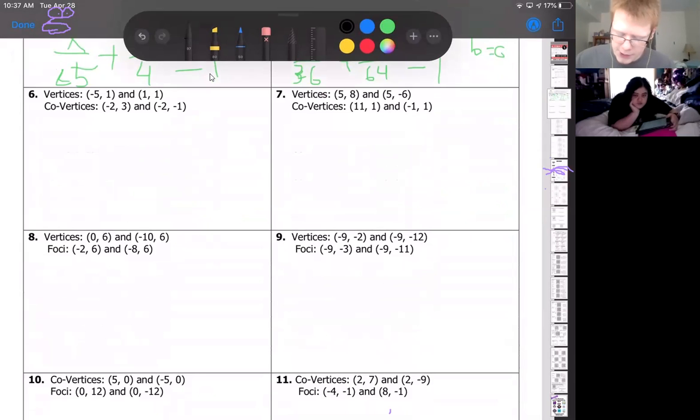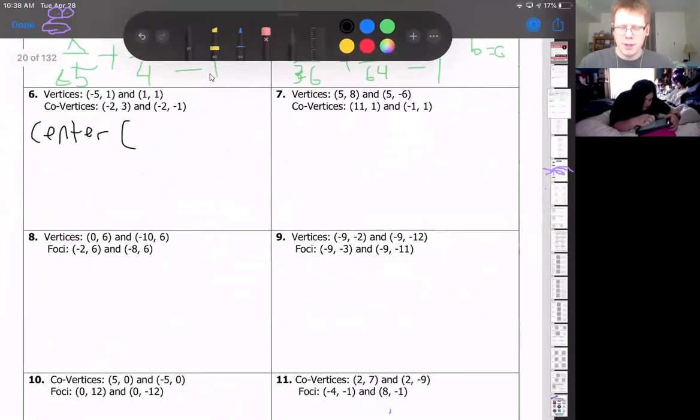So for example, number 6, if you find your center, you could look at your vertices or your co-vertices, it doesn't matter, but you just use the midpoint formula. So for example, if you add your x values and you add your y values, and if you simplify this, you're going to get -2, and you get 2 over 2 or just 1.